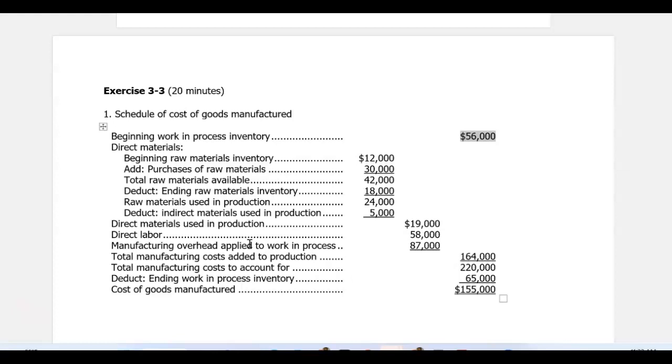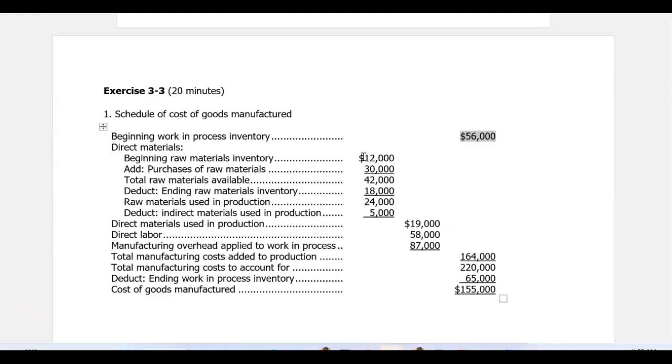I call it base. So the beginning is 56, right? But before I start to do BAASE here, I have another issue on hand. The issue is how much direct material did I use?